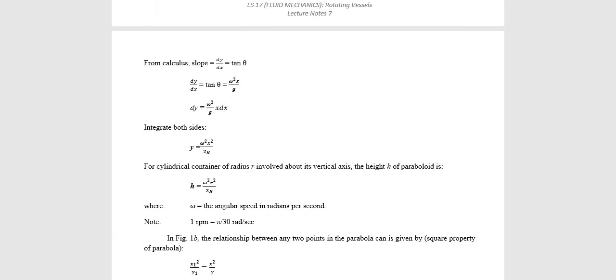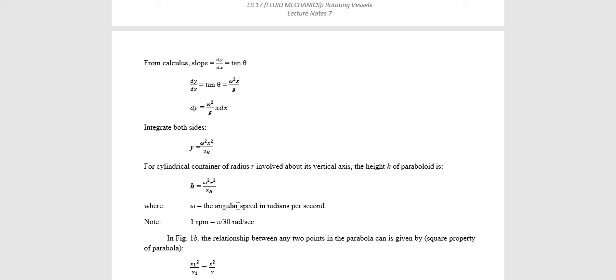So here, we have this y. Yung value ng y is omega squared x squared over 2g. Tapos yung h is equal to omega squared r squared over 2g. As you can see yung difference, yung sa y, ginamit is x, pero yung h, ang ginamit is in terms of radius. Okay?